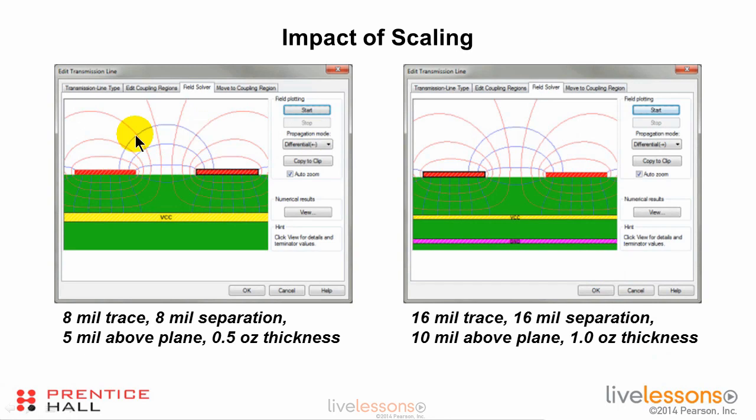In fact, you might think that I've made a mistake here and just repeated the same figure twice, because the electromagnetic fields look virtually identical. The only clue that that's not true is the thickness of the plane. When you look at the plane here and you look at the plane here, you see that this really is scaled differently. But the electromagnetic field is the same.